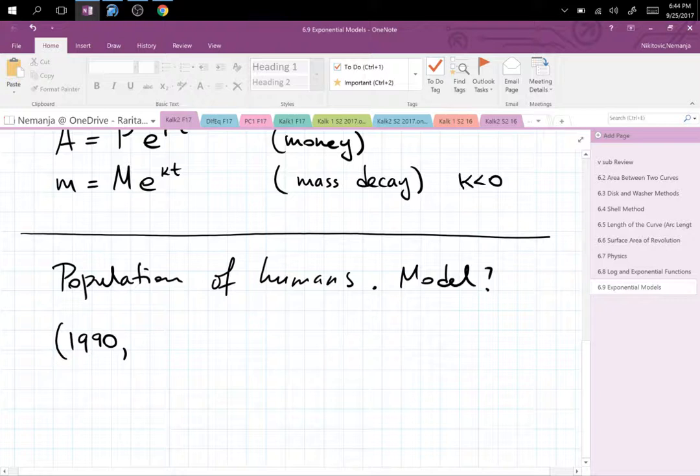We're talking about the world population in 1990. Total population of the world in 1990 was, let's go with 2 decimals, 5.28 billion.